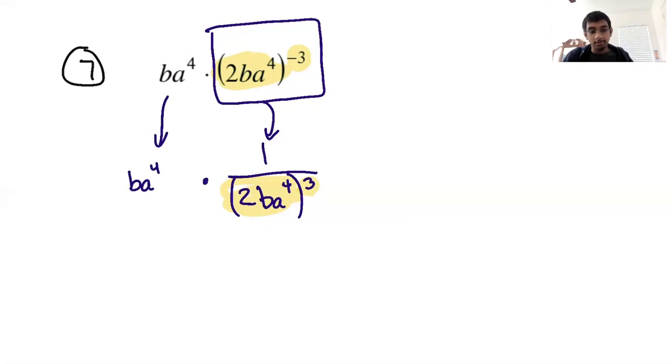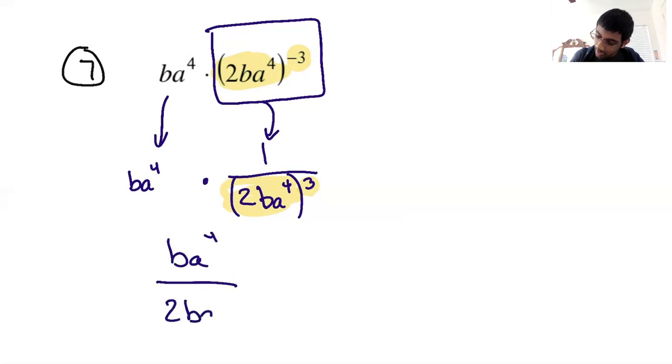Okay, so now what can I do? So we can multiply the ba to the fourth times the whole fraction thing I have right here. And then that's going to be equal to ba to the fourth over 2ba to the fourth cubed, right? So now what can I do? Well, the next step we could possibly do is to raise everything inside of this parentheses to that power, because that's part of our rule.